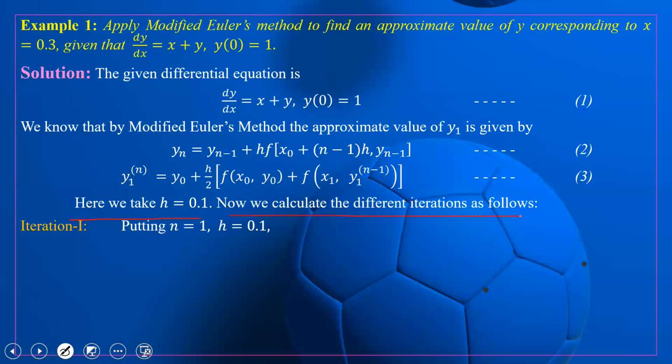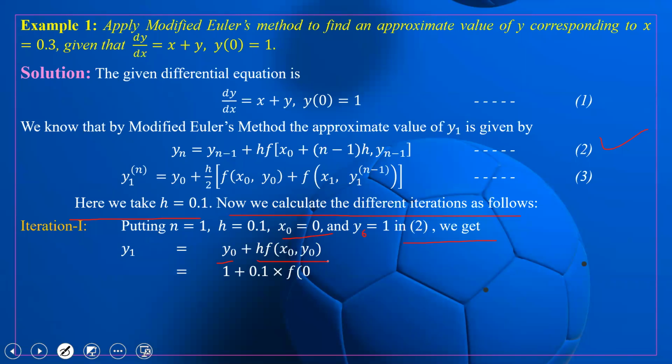So iteration number 1, putting n equal to 1, h is equal to 0.1, x0 is equal to 0, and y0 is 1 in equation number 2. So what is the value of y1? y1 is equal to y0 plus h times f of x0, y0. So y0 is equal to 1, h is equal to 0.1, f of 0, 1.